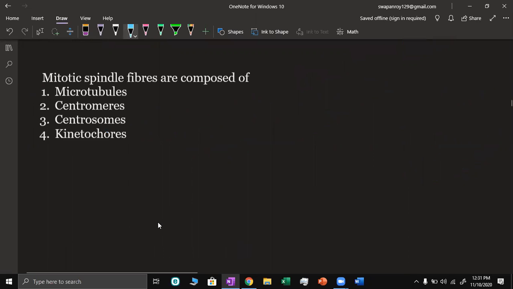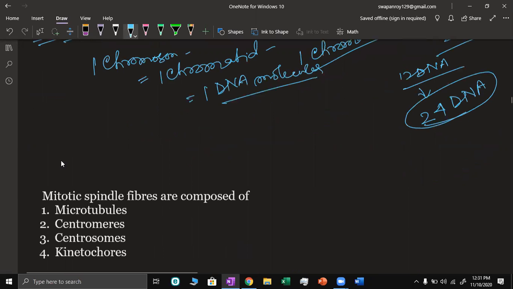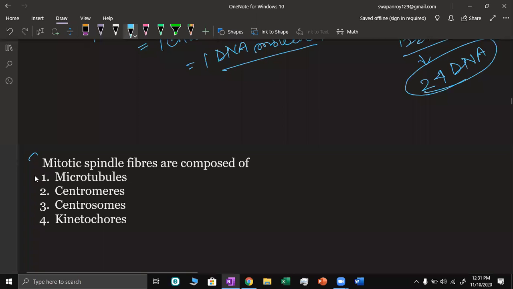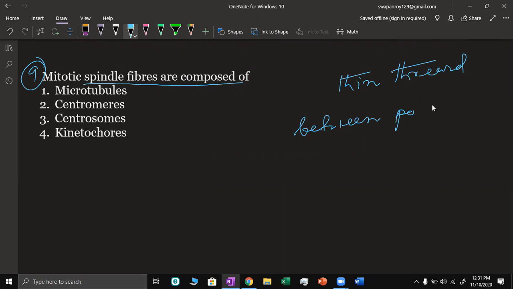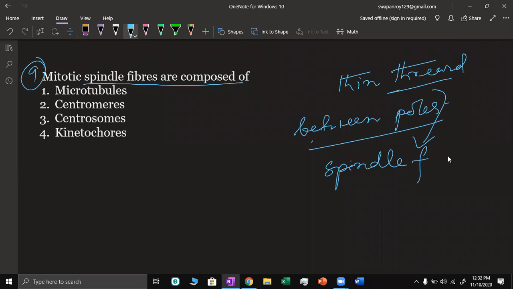Next one, question number 9. Mitotic spindle fiber. During mitosis, there are very thin threads developed between the poles, and these threads are known as spindle fibers.